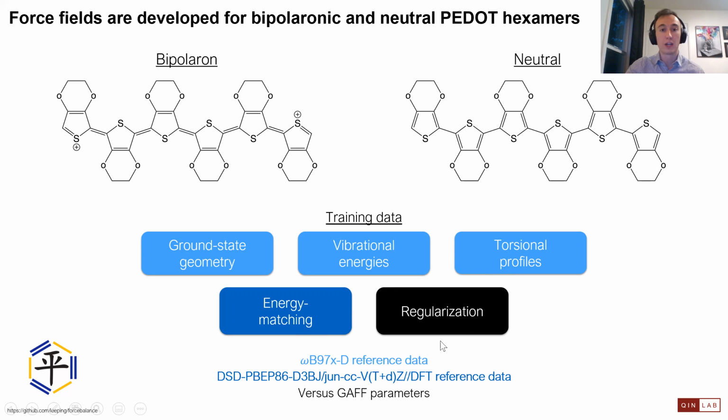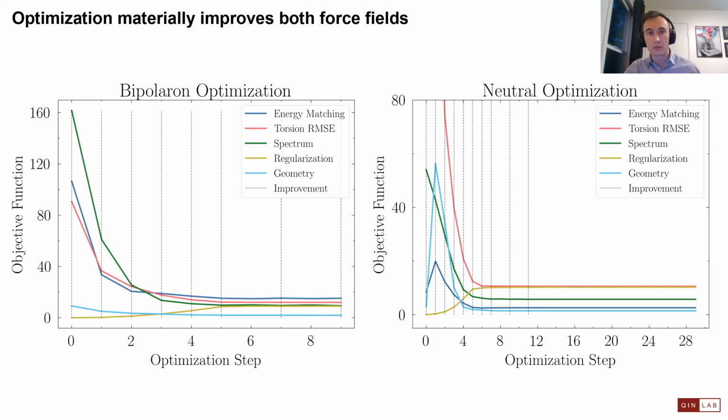And for the remainder of the presentation, I'm going to walk through some of the learnings that we have from these middle 3 data fitting procedures, as well as showing some high-level impacts on the overall conformational flexibility of the molecule. So first, I just want to show that the optimization does materially improve the force field's ability to fit the training data.